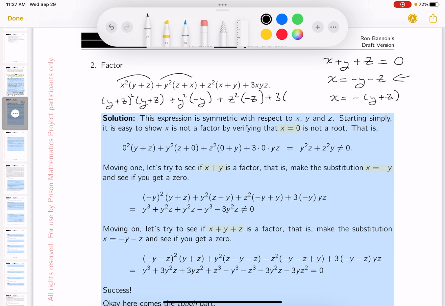And what do you get over there? What's x? It's minus y minus z. I'll write that down for you. Times y times z. What am I hoping? I'm hoping that's 0. I really am. Because I'm exhausted. Let's go for it.